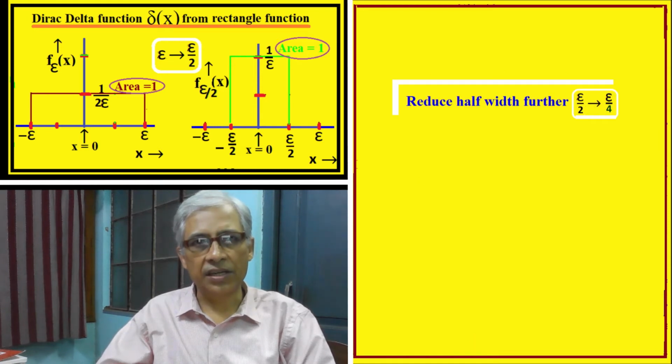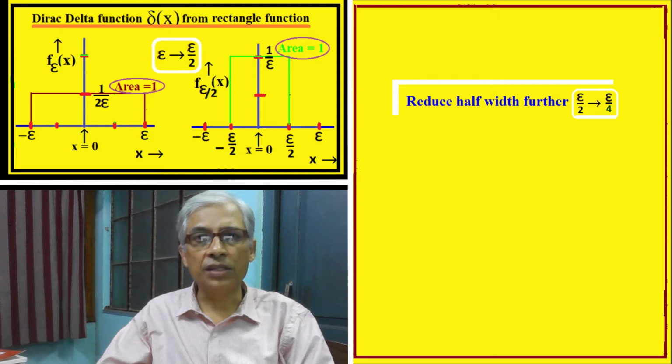Now to the right slide. Since we are sitting at a distance epsilon by 2 from the origin, to complete our mission, we move further towards x equal to 0. Let us move from epsilon by 2 to epsilon by 4 towards the origin.